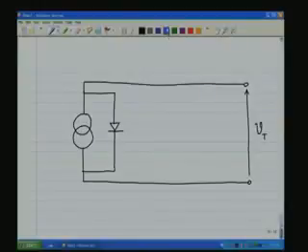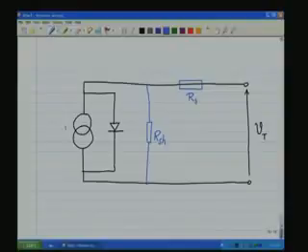Now, to this there are two components or non-idealities which get added. One is the shunt resistor, which is the non-ideality of the current source, and there is a series resistance which is the non-ideality of a voltage source.